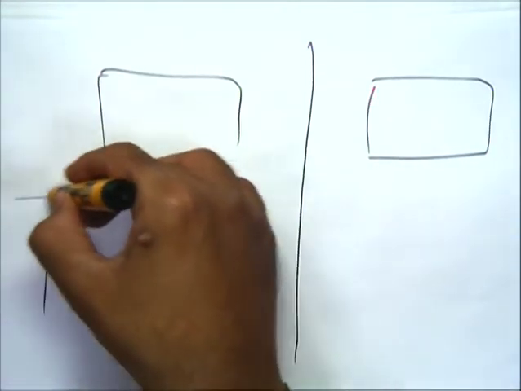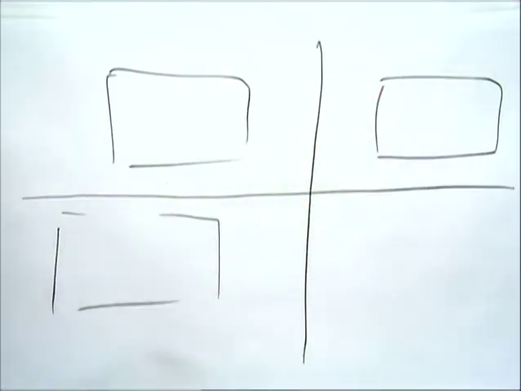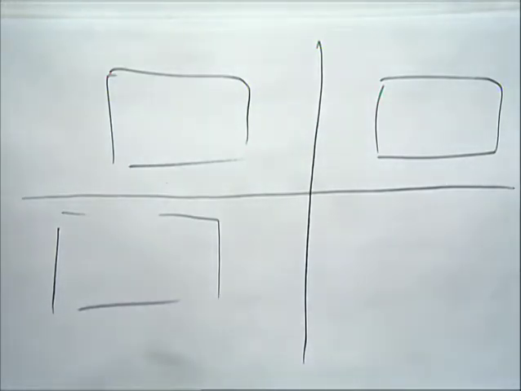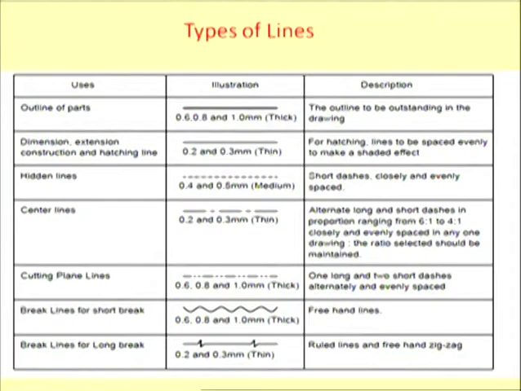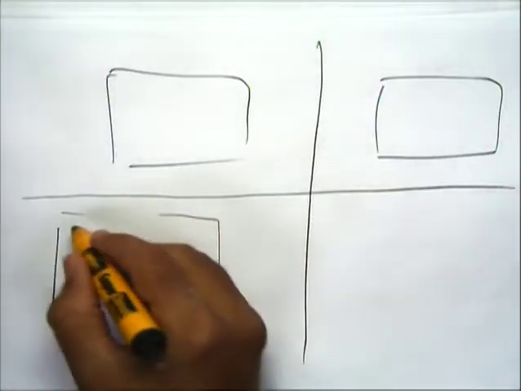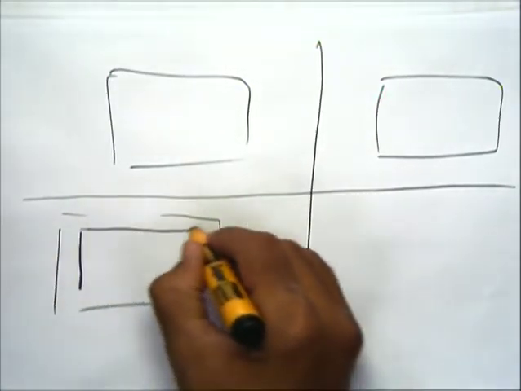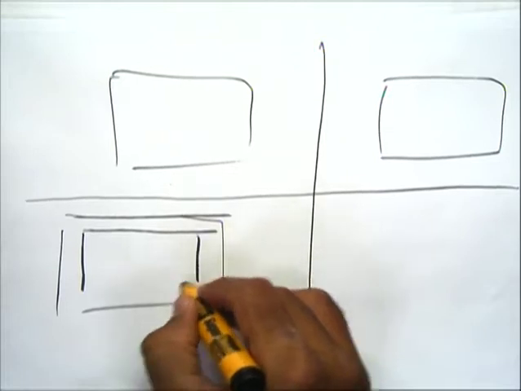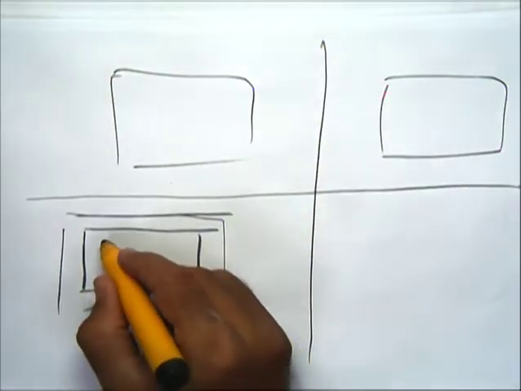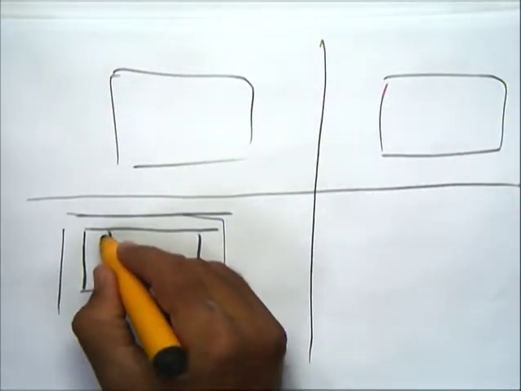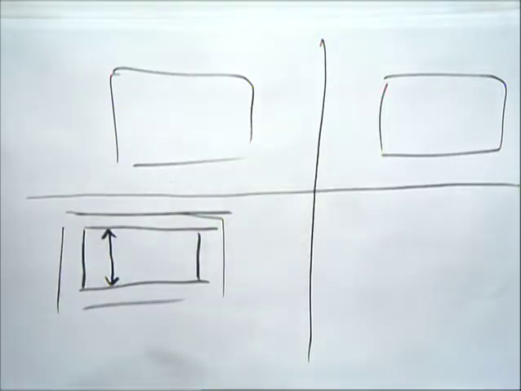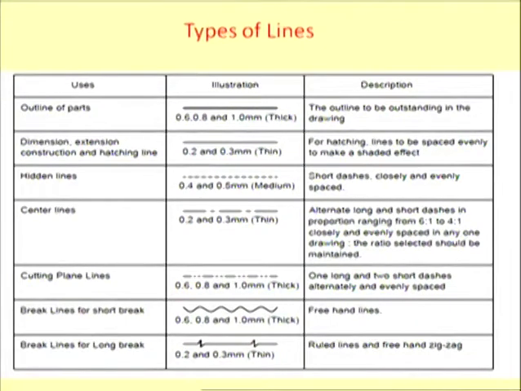The lines used for separating the diagrams will have a thicker size, that is 0.6, 0.8 or 1 mm. Then we have to mention the dimensions of the rooms or size of the buildings or walls, so we have to draw the dimension line. The thickness of the dimension line may vary from 0.2 mm to 0.3 mm.